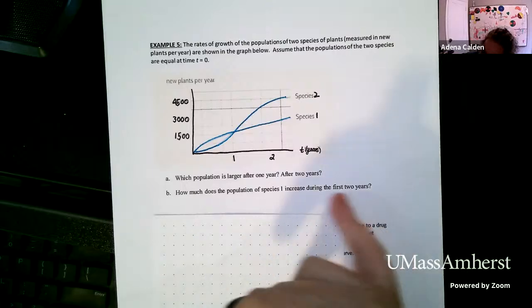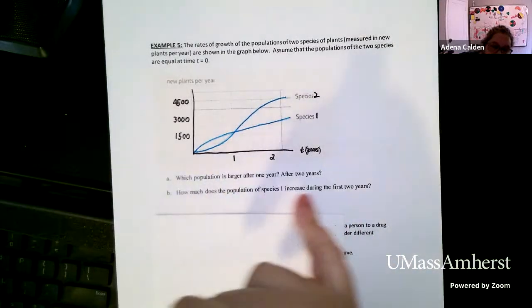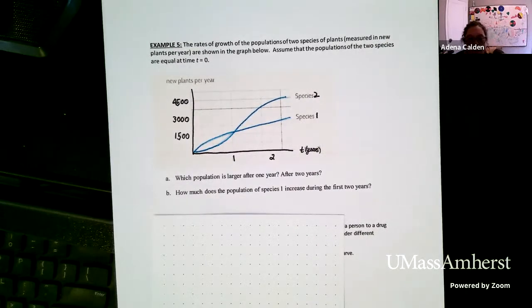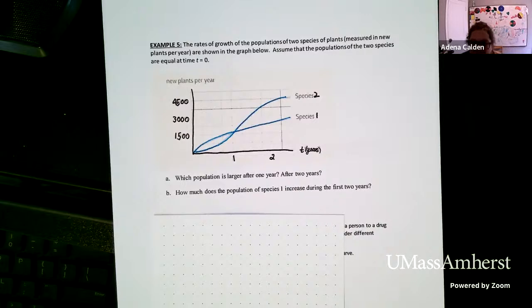We're not going to get an exact value on this, right? We're trying to estimate in some sort of meaningful way. There's a couple different ways that could happen. Think about what might be a good way to do this, but we're considering the first 2 years. So I'm going to give you about 2 minutes to think about this, think about how we would talk about these, how we would determine this, and then we will go through it together.